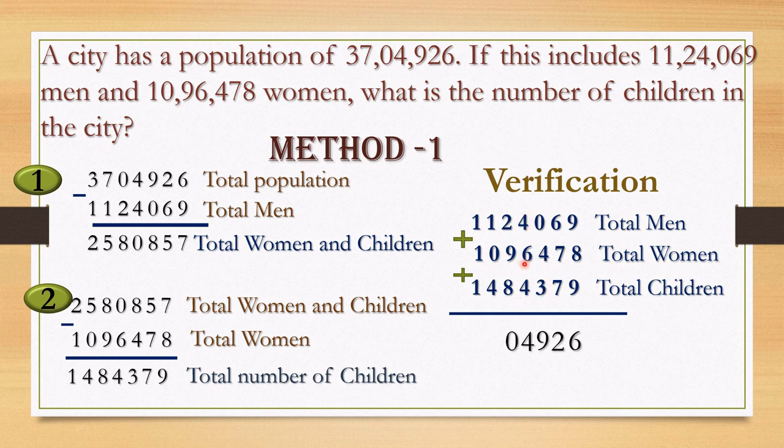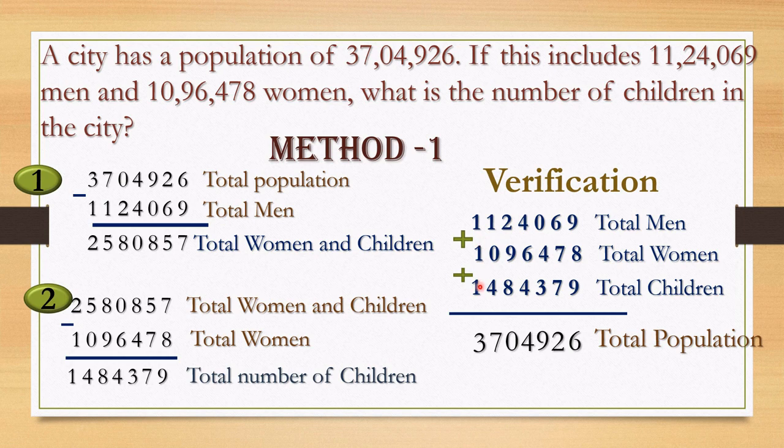Now here 4 plus 6, that is 10, plus 4, 14, 4 here, 1 is carried over. 2 plus 1, that is 3, plus 9, how much? 12, right? 12 plus 8, that is 20, 0 here, 2 carried over. 2 plus 1, 3, 3 plus 4, 7.